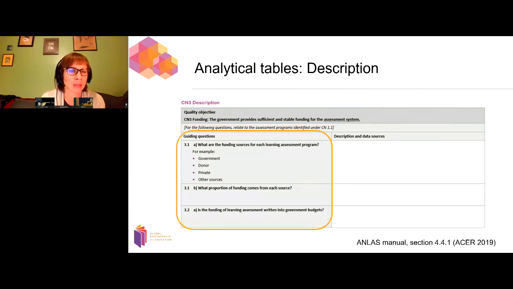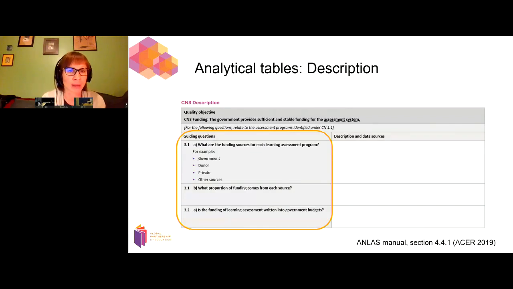Following the quality objective, some of the guiding questions are then provided to support the description and the discussion of the key area. For example, for funding, some questions are, what are the funding sources for each learning assessment program, whether it's government funded, donor funded, or private funded, for example?